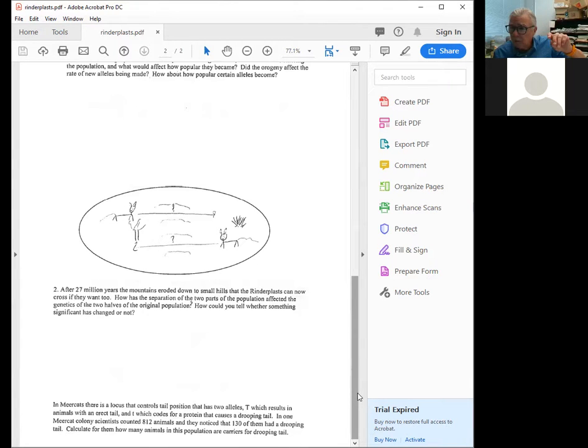That means the big letter went up to 0.7. That is a change in allele frequency from one generation to the next, either for adaptive reasons, natural selection, or because something happened randomly to the ones with the drooping tail, they died more readily, so it changed. That is microevolution.